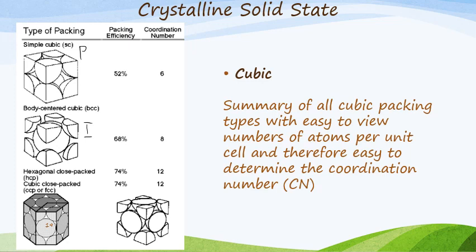And then we've got face-centered cubic, or we'll talk about close packing in a later part of this unit. But the face-centered cubic is this one over here, where it shows the packing efficiencies and the coordination numbers.